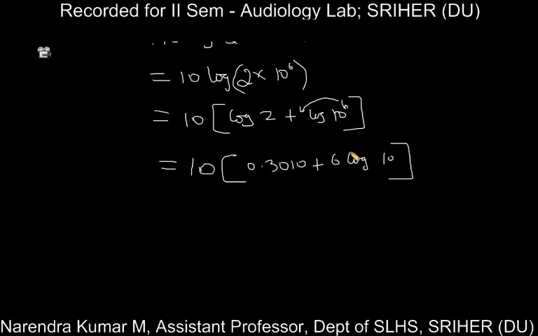Log of 10 to the base 10 is always 1. So the equation will be simplified into 10 multiplied by 0.3010 plus 6, which will be 10 into 6.3.